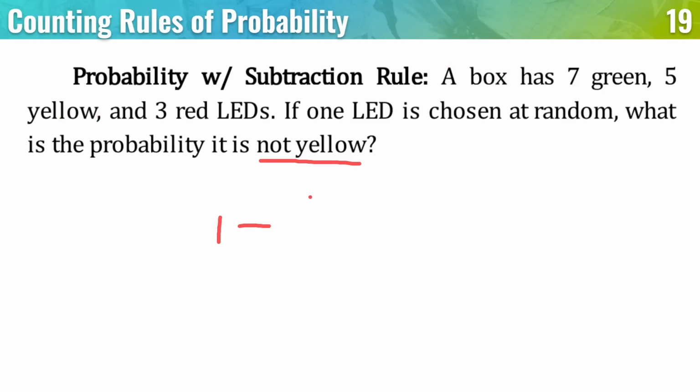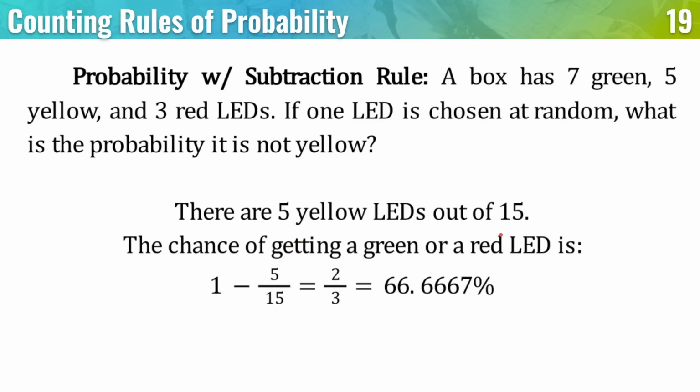So there are 5 over 7 plus 5 plus 3, 15. So the probability of that is going to be 10 over 15, which can be written as 2/3 or 66.6667%.